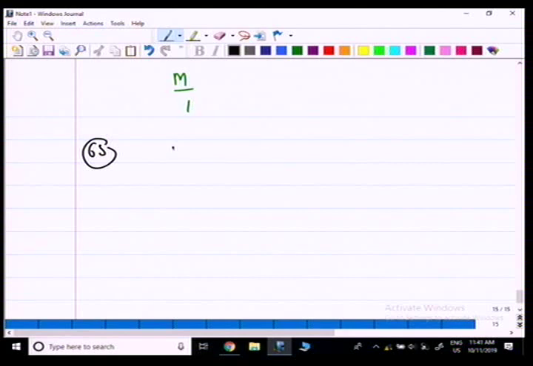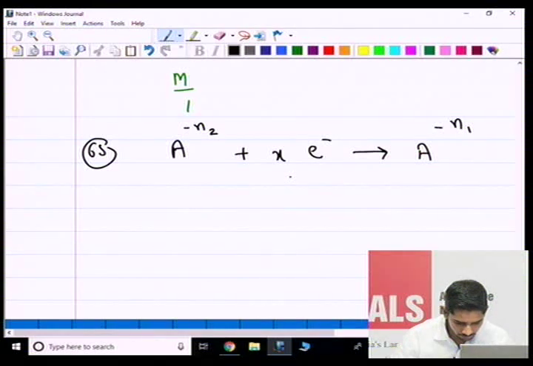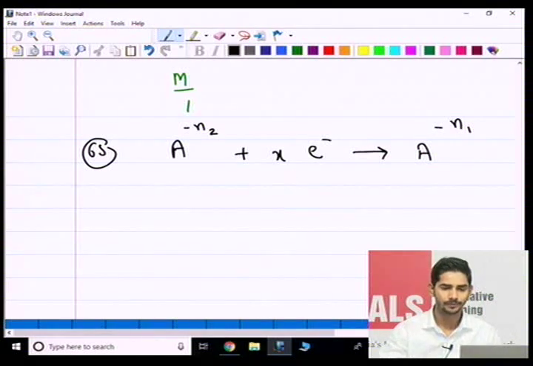They are saying this is A, N2 plus X electrons is giving you minus of N1. Okay. They are asking what should be the value of X. Ultimately, guys, 59 in place of 16, no. Okay, it's okay.